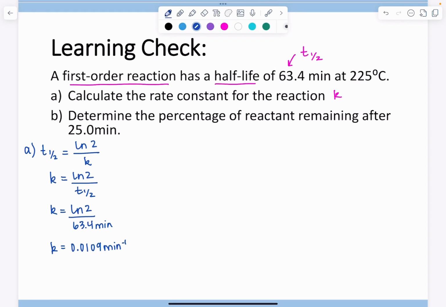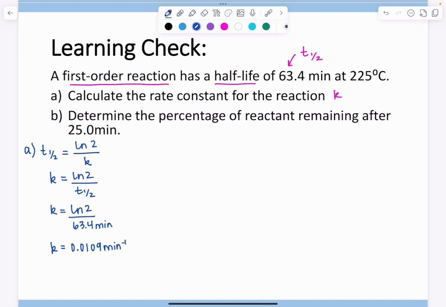Question B, now when you're asked for a percentage, you don't have to necessarily find the exact amount, and we can't because we don't have the initial concentration. So we wouldn't be able to use the initial concentration, K, to find the amount of reactant remaining after 25 minutes.